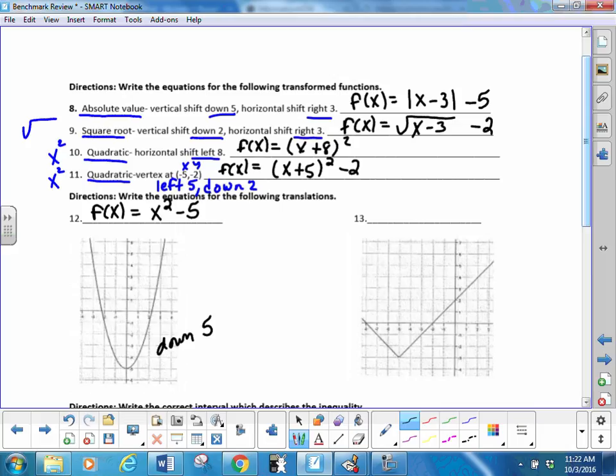On this one, compared to the parent, it moved 1, 2, 3, 4, 5 left, and it moved down 1, 2, 3, and it's absolute value, and I just kind of remind myself what that grouping symbol looks like. So 5 left, and then down 3. And most of y'all did great.